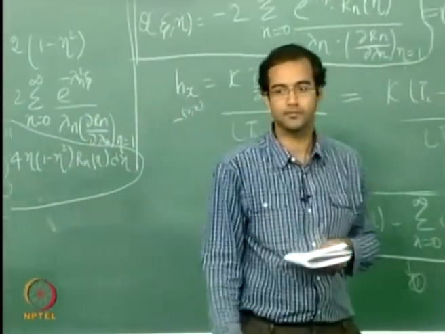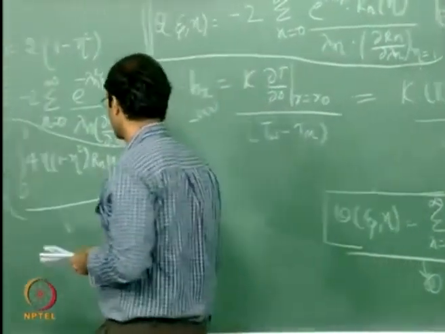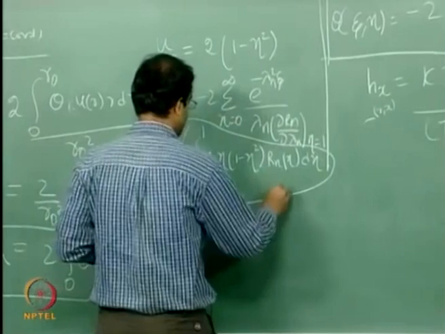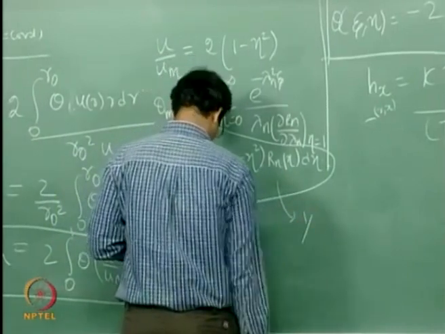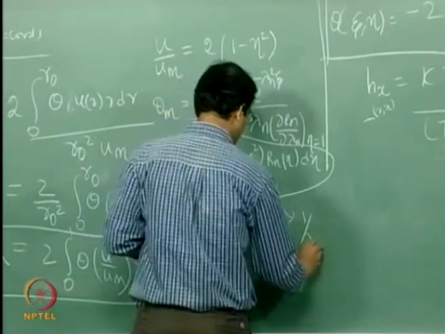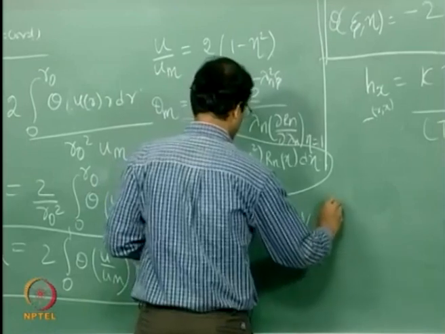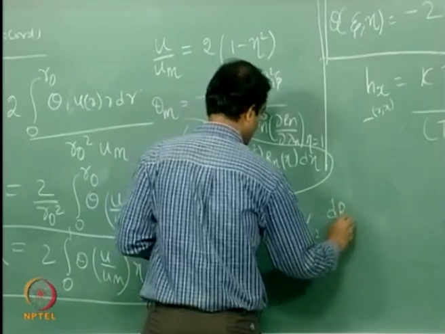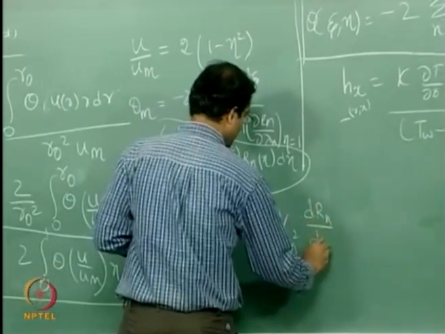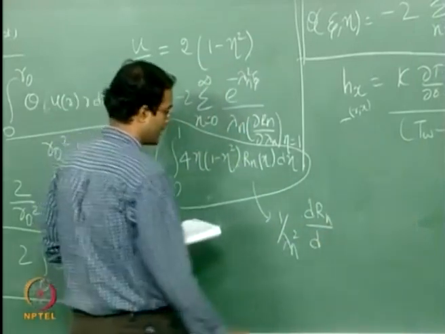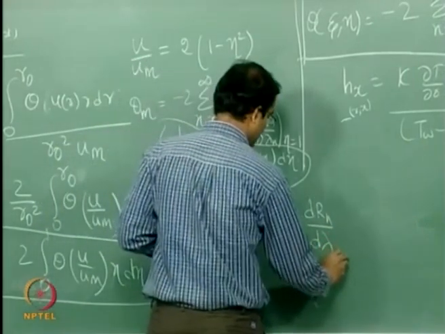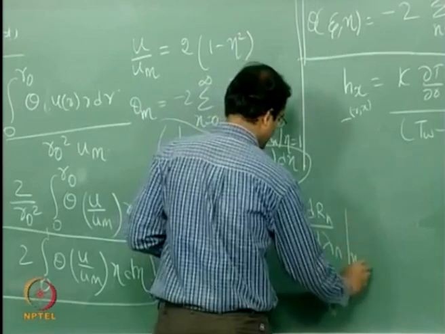What is this value? We have already seen that this is nothing but 1 by lambda n square into dr by d lambda at eta equal to 1.